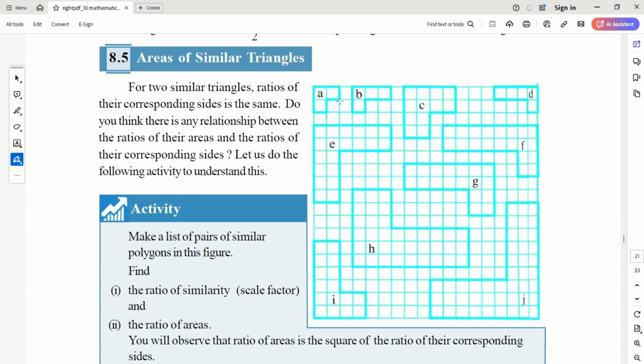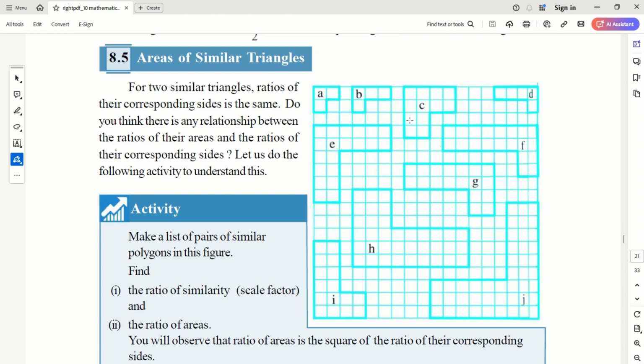So A is here and C is here, which is exactly a similar figure. But do you think their areas are the same? Okay, definitely not, right? Here you have 3 square units. Here you have 1 2 3 4 5 6 7 8 9 10 11 12 square units. It's 4 times actually, right?